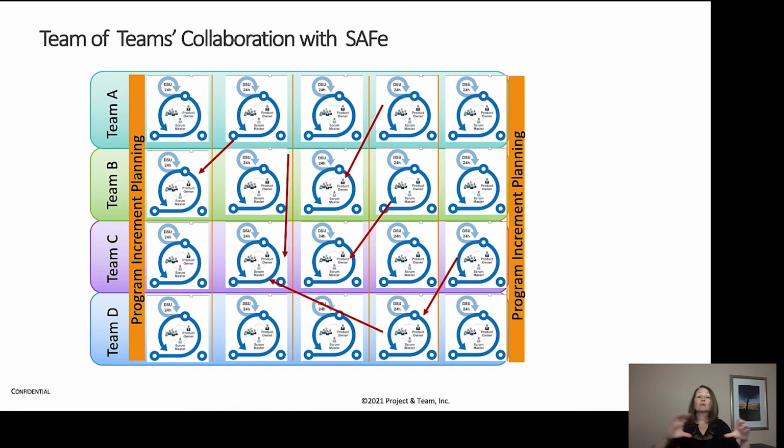And here I'm representing a set of teams who are working in this cadence of sprints. And they are planning together for a set of sprints or iterations and understanding what it is going to take for us collectively to deliver value over a set of iterations called a program increment.